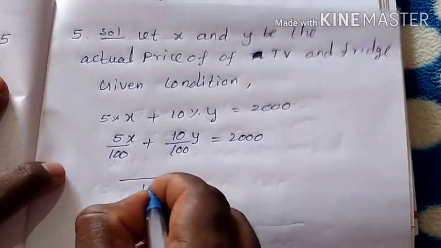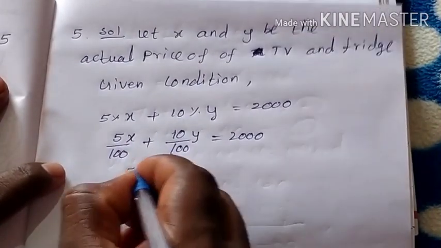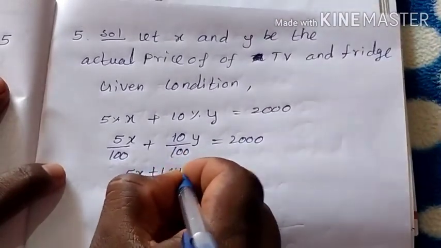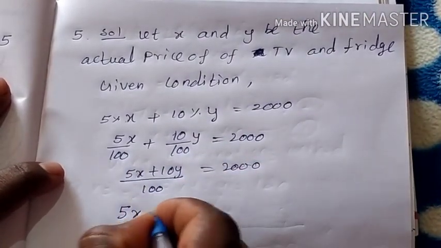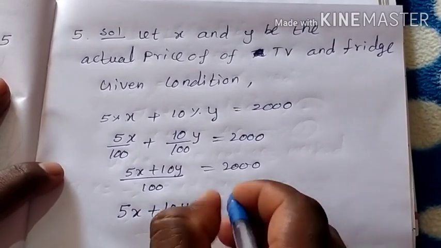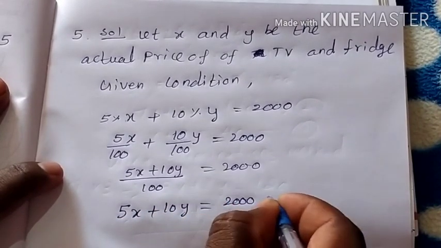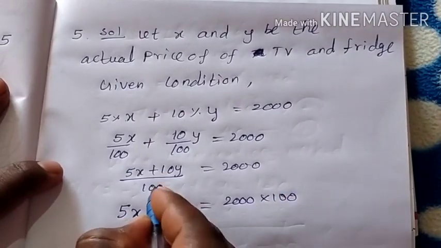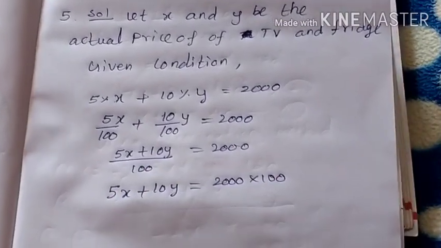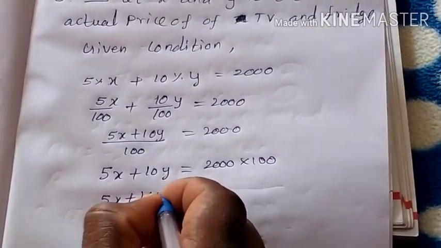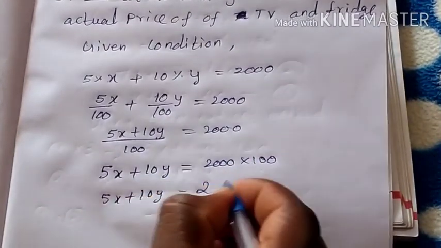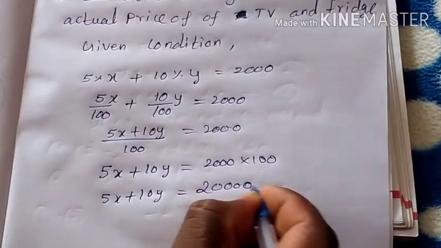Then making the LCM, the 100, then 5x plus 10y equal to 2000 into 100. Okay, making the transposition, we get multiplication. Okay, then finally 5x plus 10y equal to 1 2s are 2, then 5 zeros, that means 2 lakh.